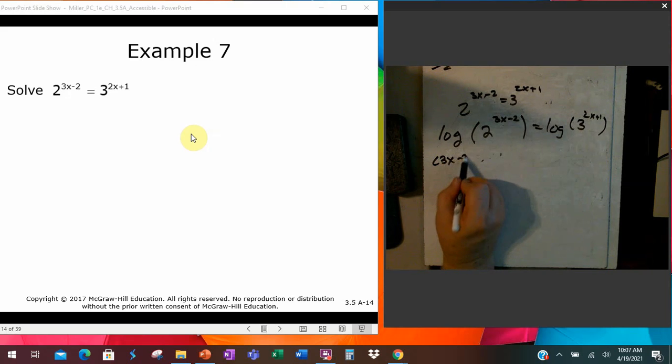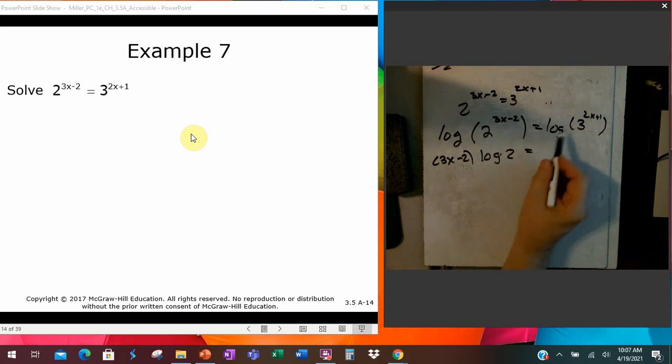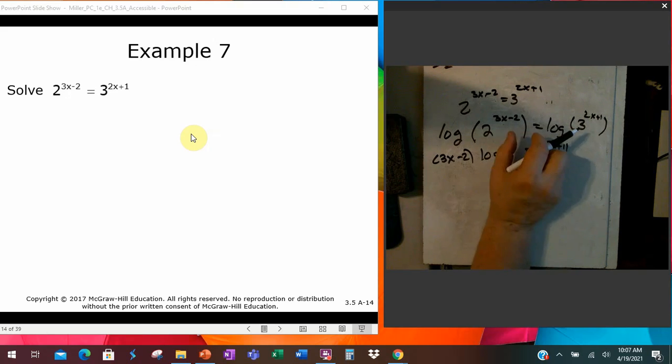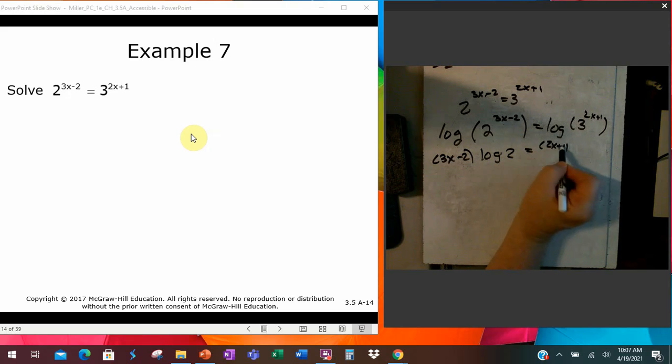3x minus 2 times log 2 is equal to 2x plus 1 times log 3. This is the very same thing. I need to put 2x plus 1 in parentheses, not just write 2x plus 1 times the log of 3, because that just represents 2x plus the log of 3. It's 2x plus 1 all times the log of 3.